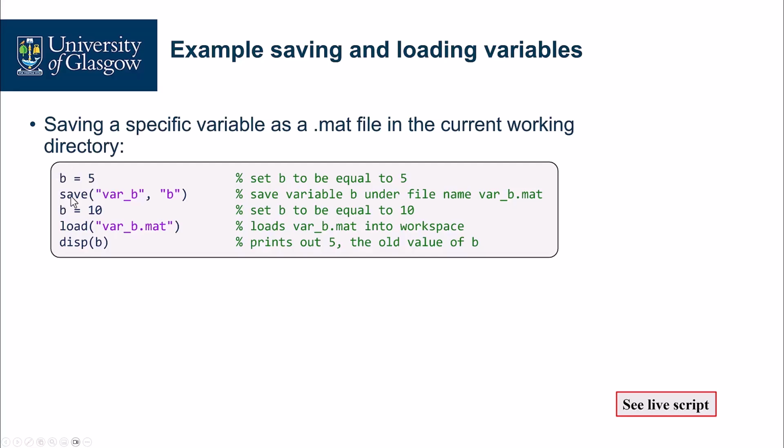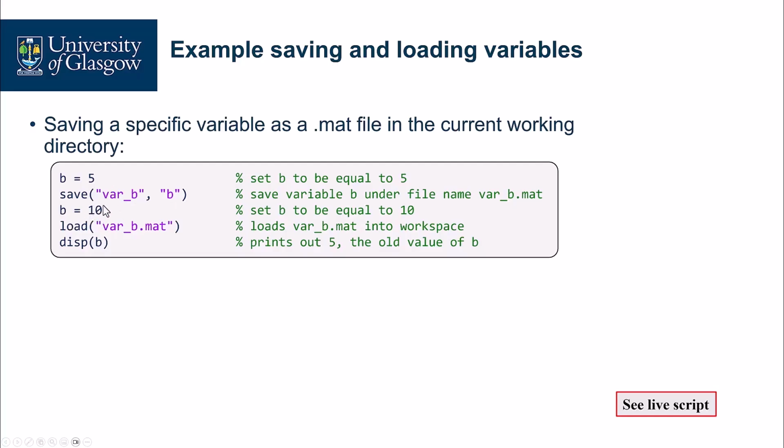Now I'm saving the variable b to a file called var_b. I didn't write any file type, so by default it will be a .mat file. So now the value of b is saved to var_b.mat.